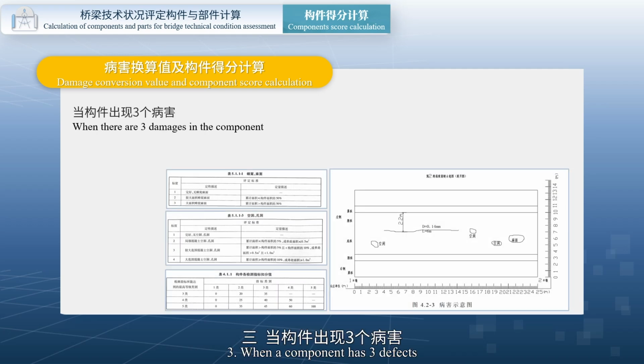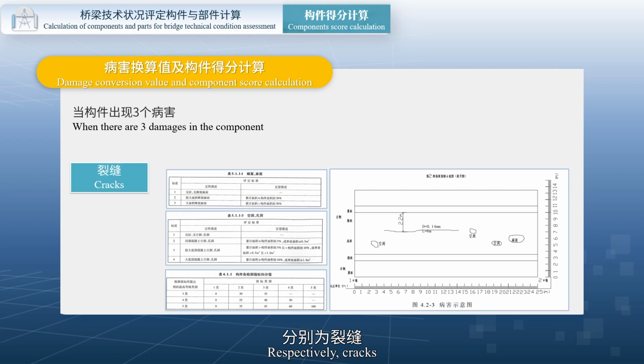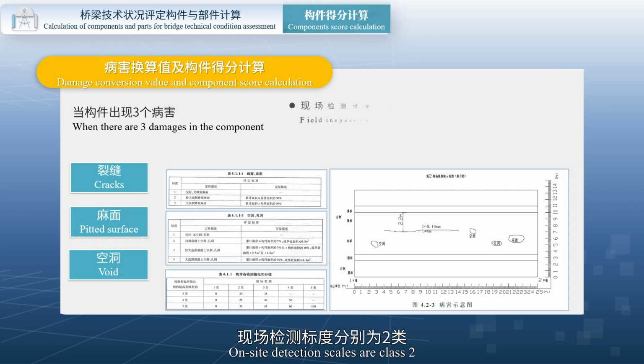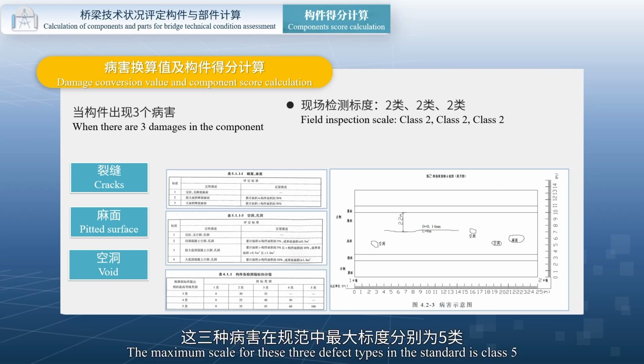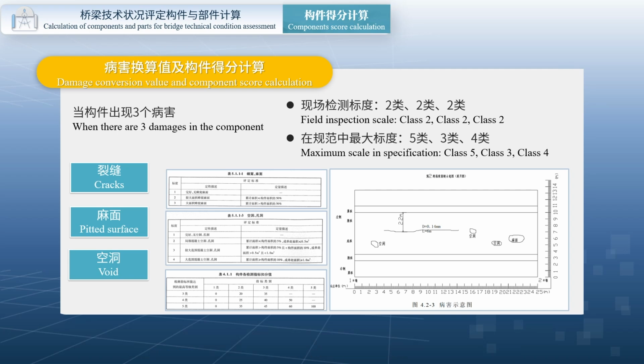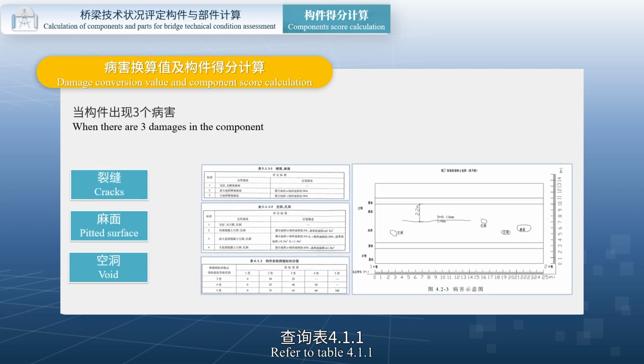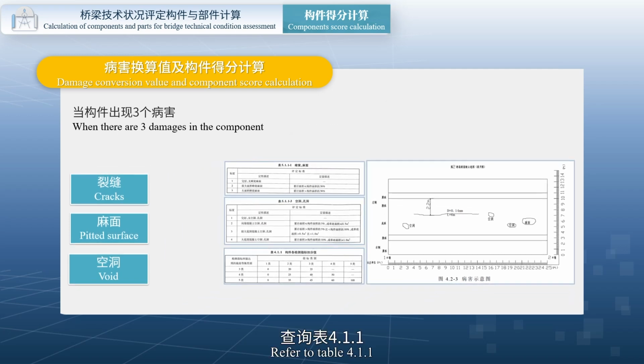Third, when a component has three defects, respectively cracks, pitted surface, and void, on-site detection scales are Class 2, Class 2, Class 2. The maximum scale for these three defect types in the standard is Class 5, Class 3, Class 4. Refer to Table 4.1.1.